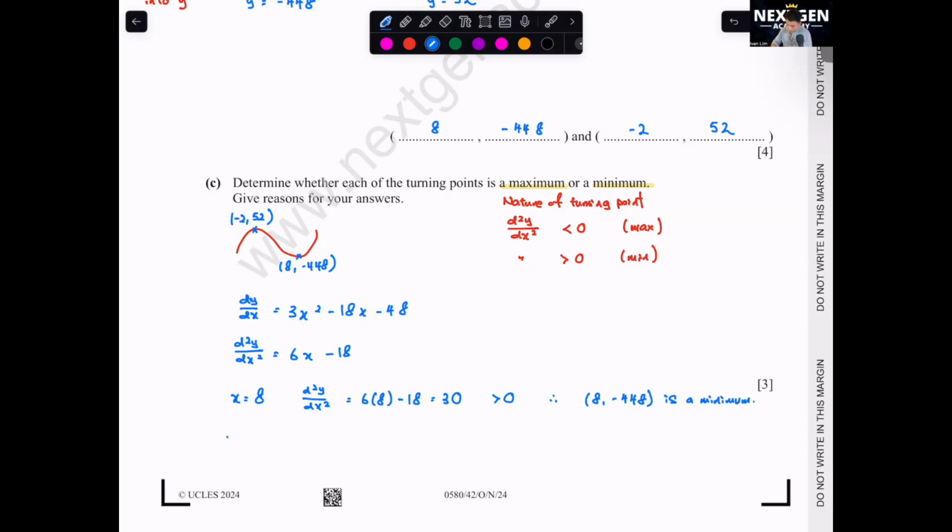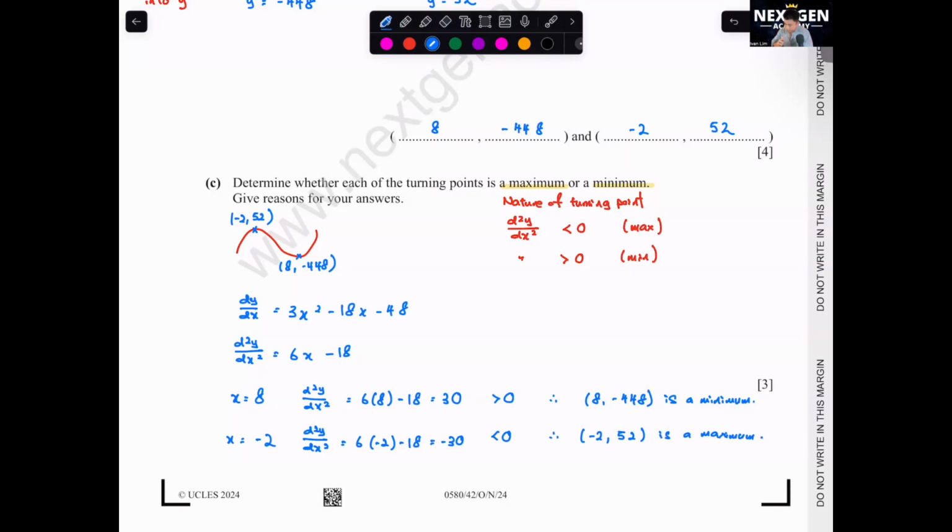Okay, then x equals to -2. We do the same thing. D square y over dx square, 6 times -2 minus 18, we get -30, which is less than 0. Since it's less than 0, this one will give you a maximum.